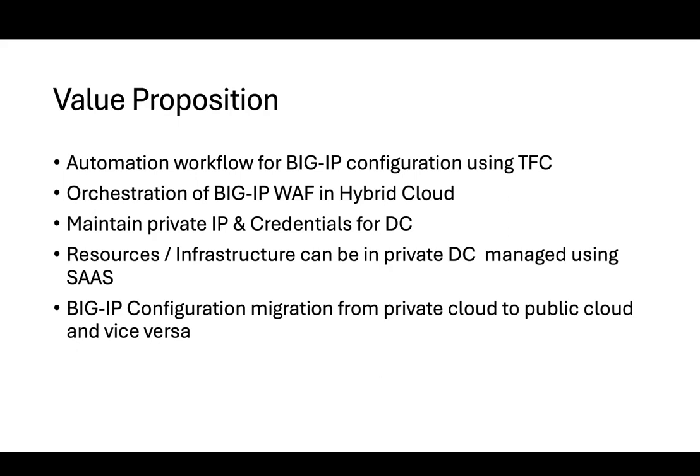The same thing you can do for private cloud or public cloud. So you can also orchestrate a BIG-IP WAF configuration in a hybrid cloud environment, because the same WAF works for private cloud as well as for public cloud.